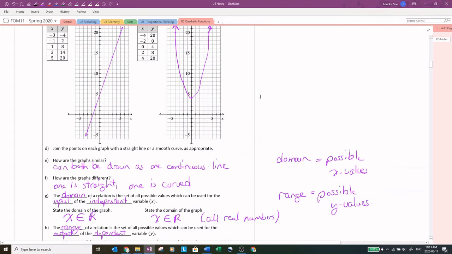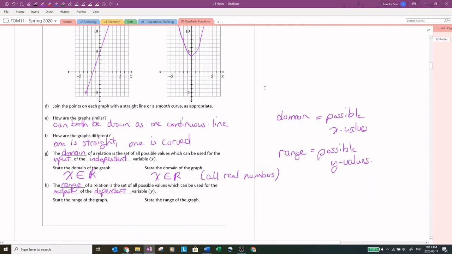Well, the range is also all real numbers, because it's going up and down forever, right? So we're going to write that as y, element of, R. Okay, and then I'm just going to detail what this means. This funny E means is an element of, and the funny R, the double struck R, is the real numbers.